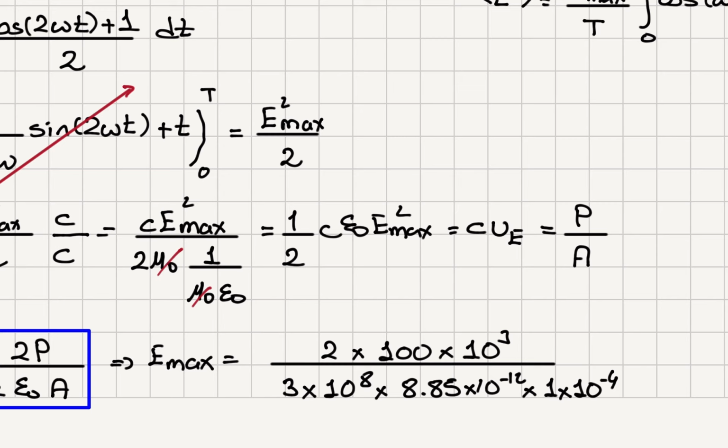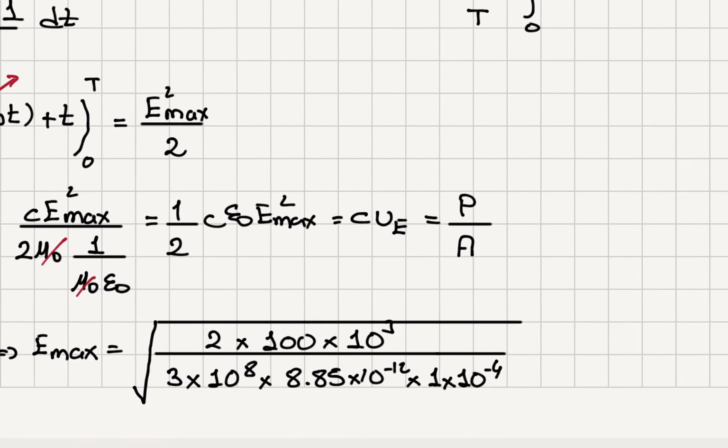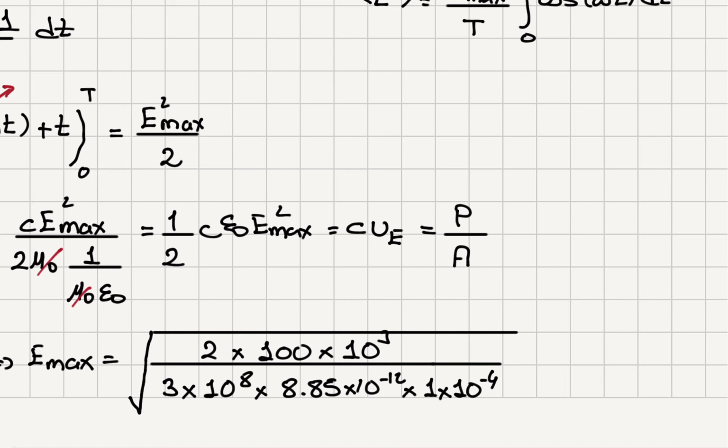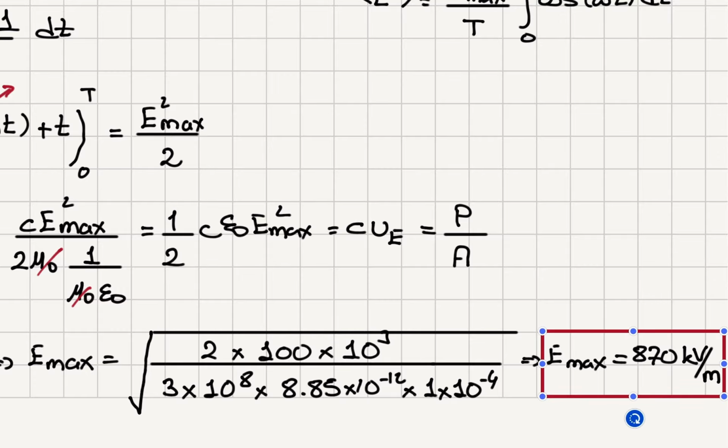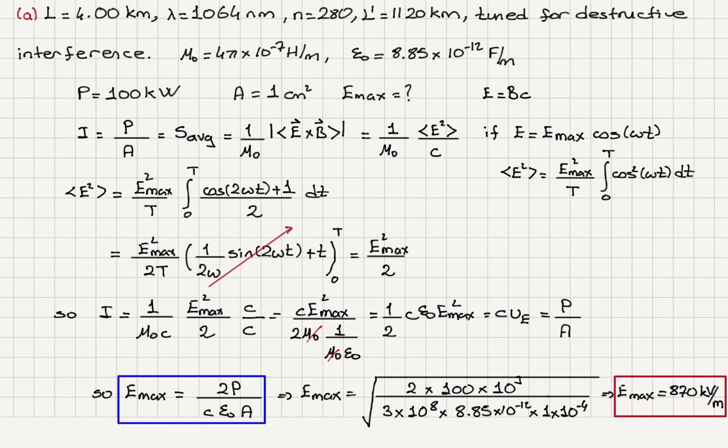Then I have to take the square root of this in order to get my final answer. And therefore, I obtain my E max to be 870 kilovolts per meter. So that's my answer to part A of this problem.